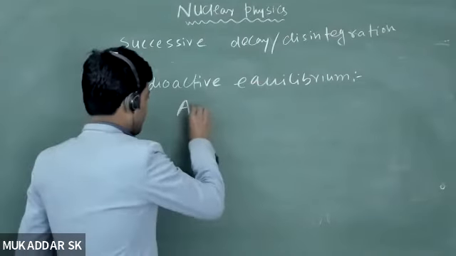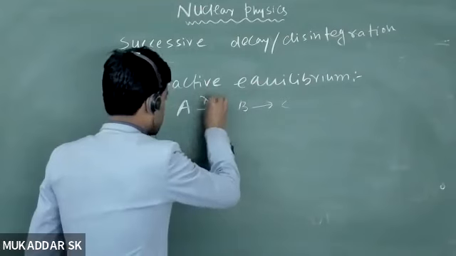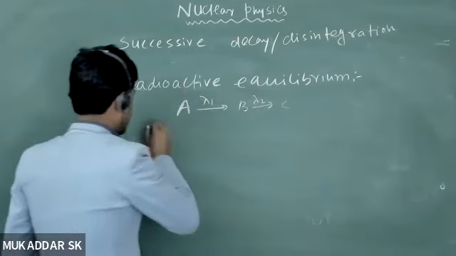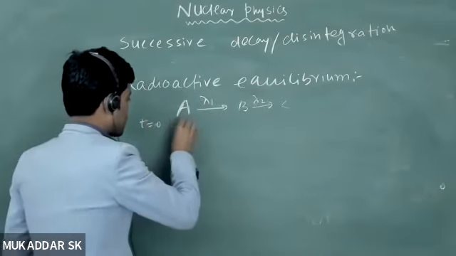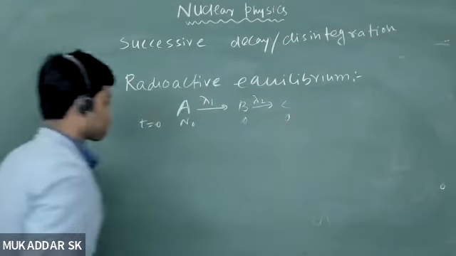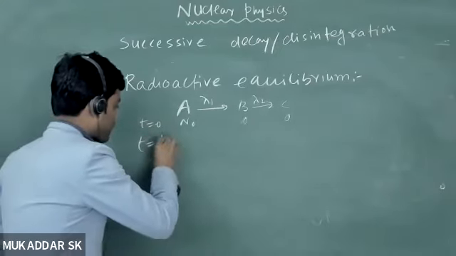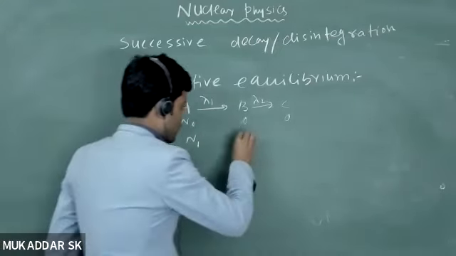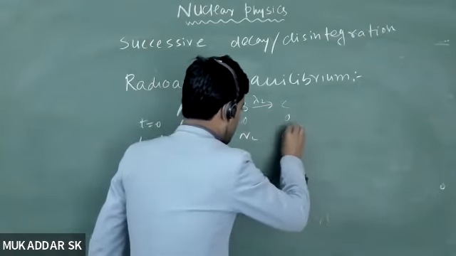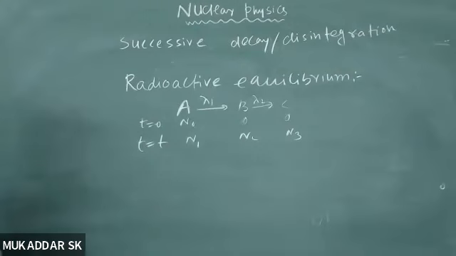You have A decaying to B, decaying to C with decay constants lambda 1, lambda 2, and at t equals 0 it was n0, n0, 0, 0. At t equals t, it was n1, n2, and n3. Right? So there are basically two types of radioactive equilibrium.